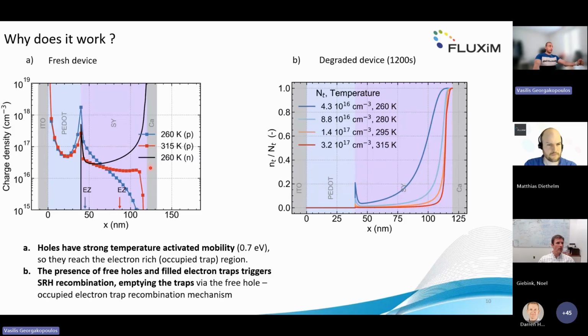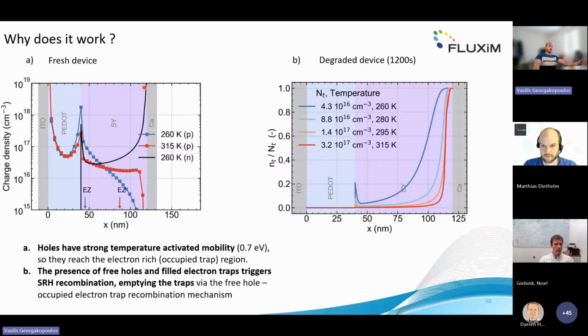And for a fresh device, we see that the holes are strongly temperature activated. So we see that in the bulk of the device, at low temperatures, 260 Kelvin, the holes don't have such a strong presence there.